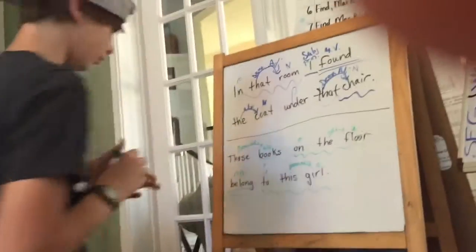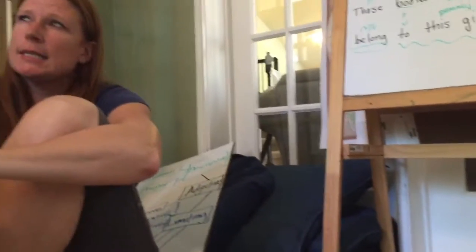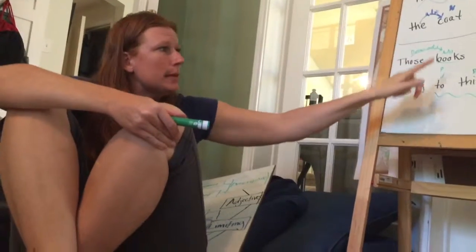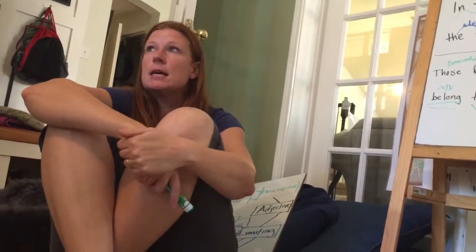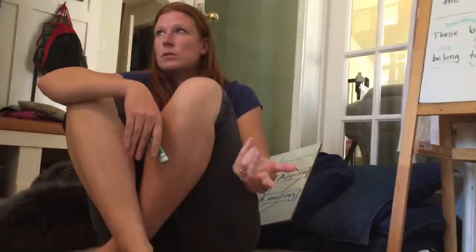Good. The reason I want you to go in order and make sure you get everything is that the more complicated our sentences get, the more difficult it is to label things. If you go in this order, you eliminate several words that could be something else in the sentence. If you have the words labeled already, they are not something else.